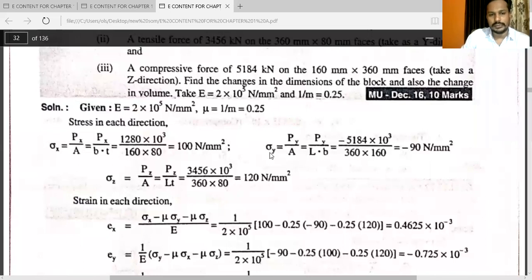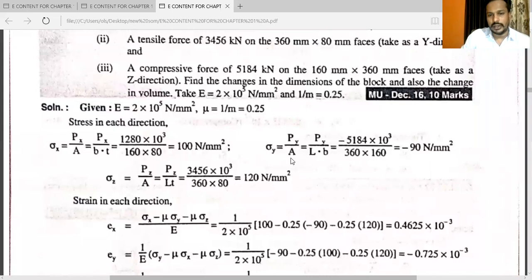Sigma y, that is Py upon A. So we have the value of Py, the compressive given, so minus 5184 into 10 raised to 3, divided by 360 into 160.